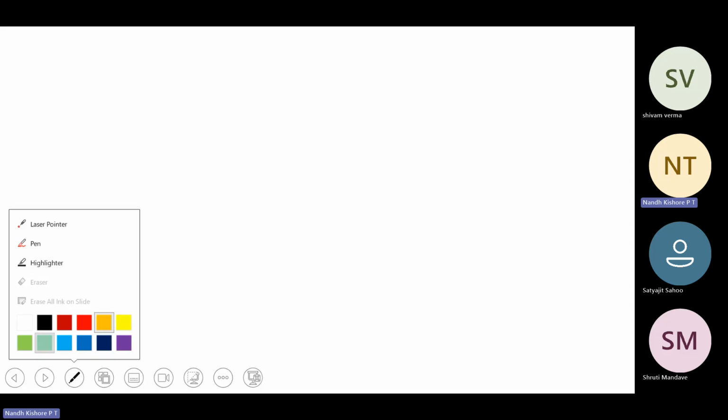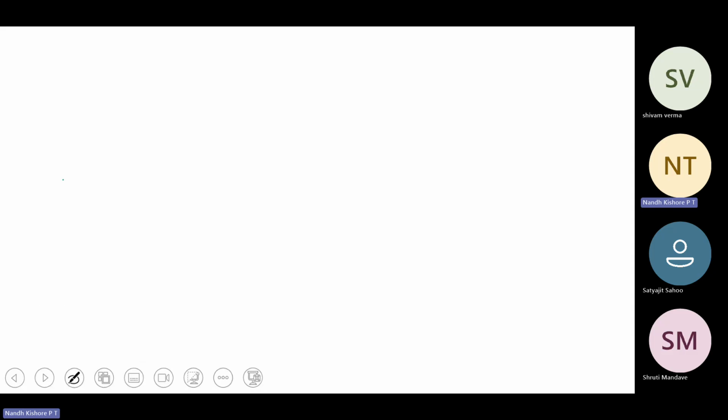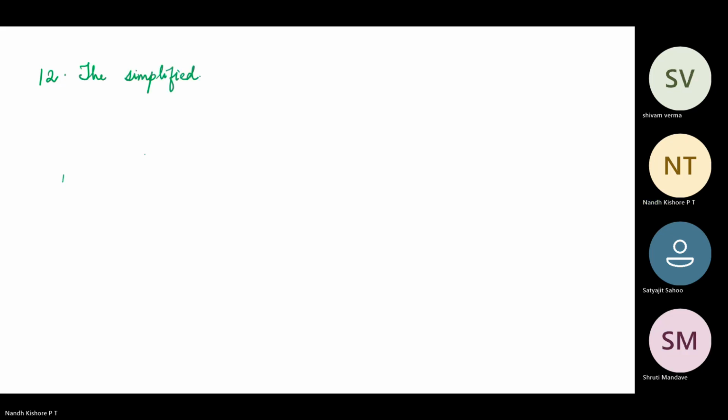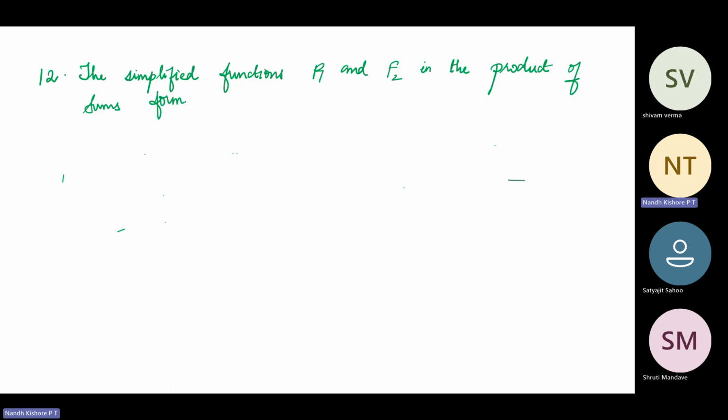So in continuation with the same question, the question is the simplified expressions, the simplified functions f1 and f2 need to be written in the product of sum form.